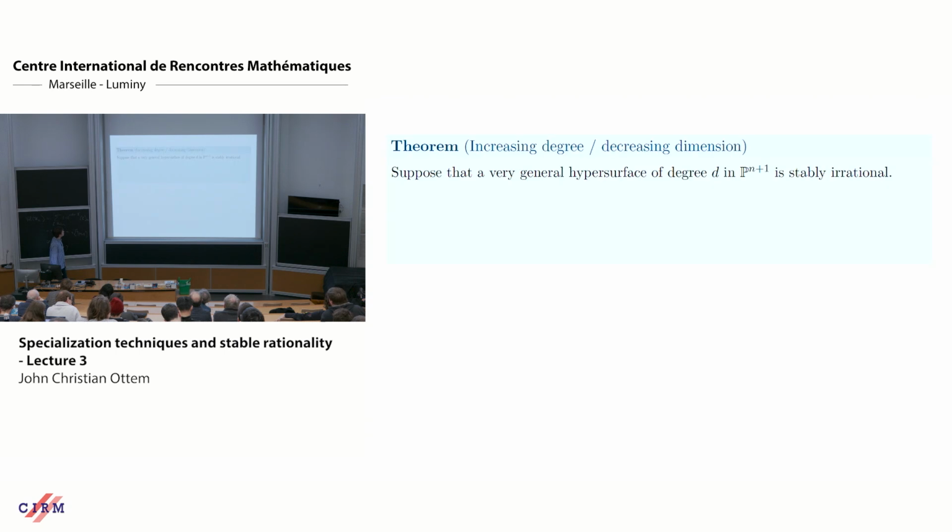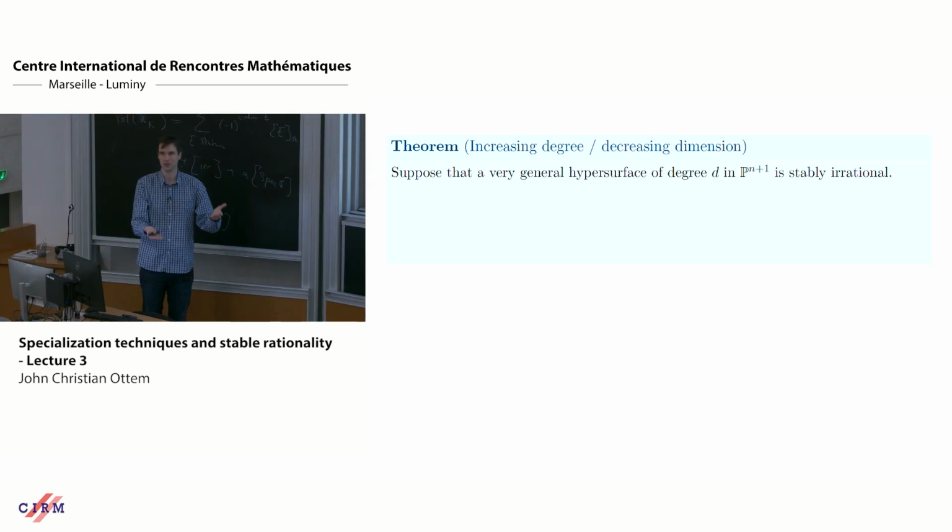Okay, so let's see how this works. Before we go to the main applications, here's a follow-up to the funny example that we had. Remember that we had this funny argument that if the quartic threefold is irrational, then one of two cases holds: either the quintic fourfold is irrational or the quartic fourfold.